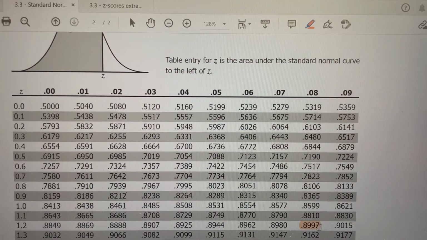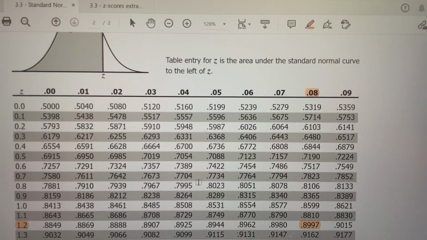And what I see here is 0.8997, so that's the value that's going to be closest to 0.9, or the 90th percentile. So the z-score that corresponds to that is going to be 1.2. All right, and then I want to make sure, go to my 100th spot, so it's going to be 1.28. So the z-score I'm looking for is 1.28.